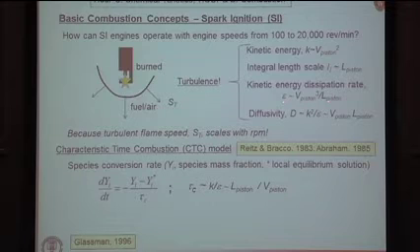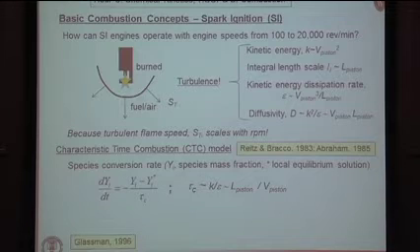Epsilon itself, the dissipation rate, follows an expression something like this. If you take the ratio of K and epsilon, K over epsilon, you get a time scale, which is basically the piston dimensions or the engine dimension divided by the piston velocity. So this is a basic time scale for combustion in an engine.